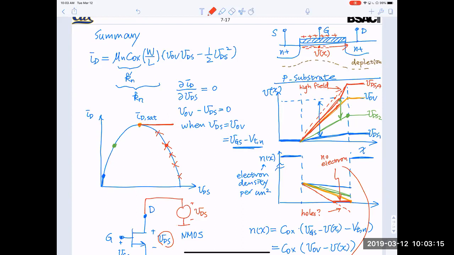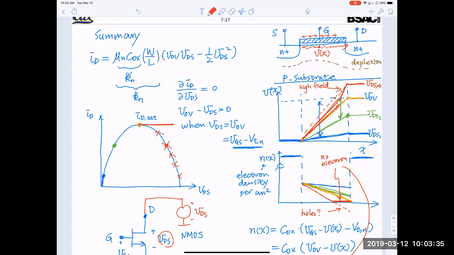How do we know what the current is when the channel pinches off? Well, when the channel pinches off, you can go through the same derivation and just integrate over the area, but it's easier to look at it physically.